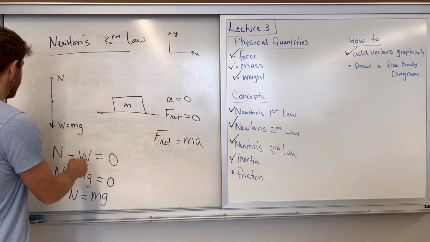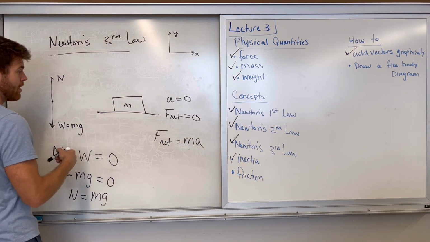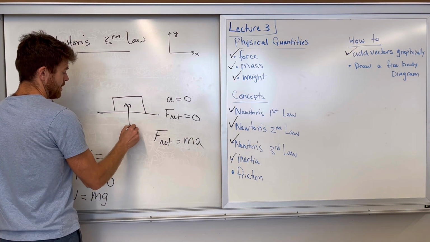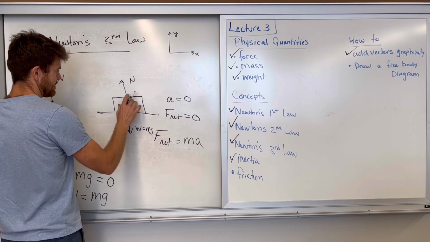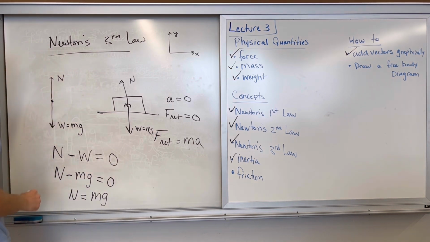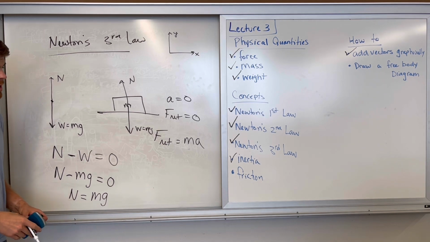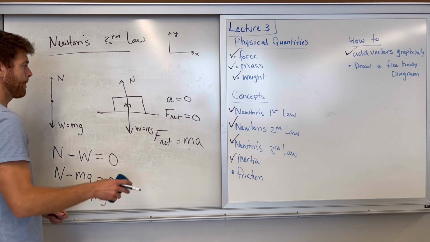And this is a free body diagram, where we draw the object as a point, or we could draw the object as the object itself and draw the forces in there, but sometimes it gets a little bit cluttered. So sometimes we do that, or sometimes we represent the object as a point. It's a free body diagram. Okay.